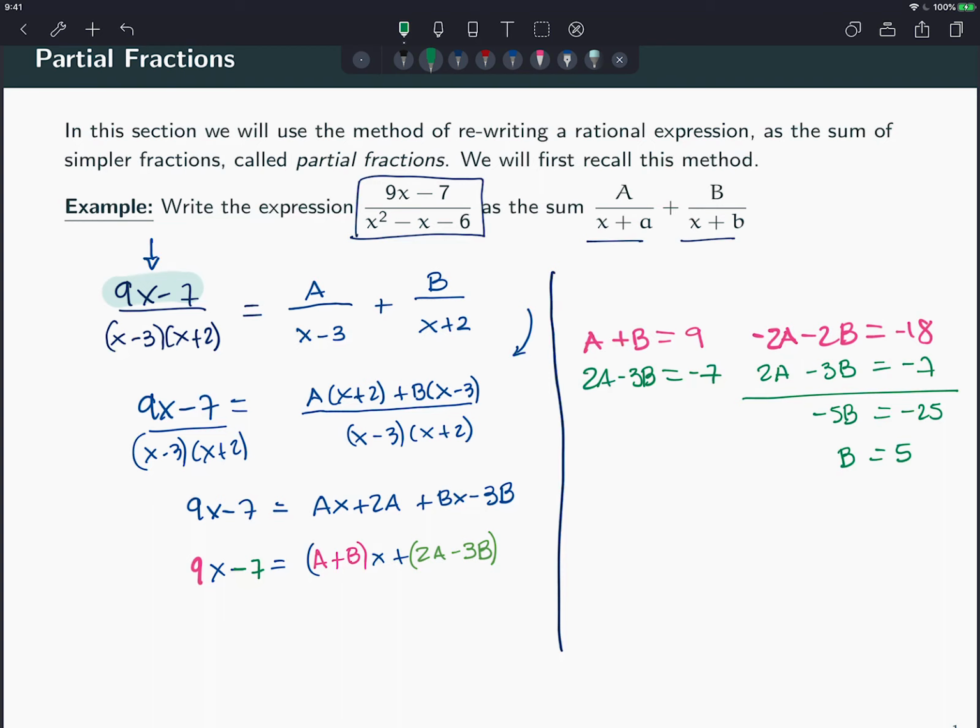Going back to any of the original equations, I can grab this one, for example, and I have that a plus 5, since I know that b is 5. A plus 5 is 9, which gives me that a is 4. So there we go, we found the solution that we wanted. Let me write this down here.